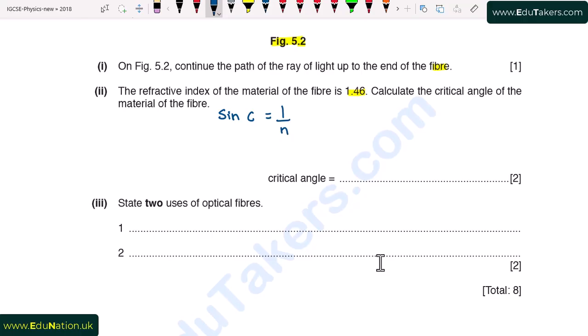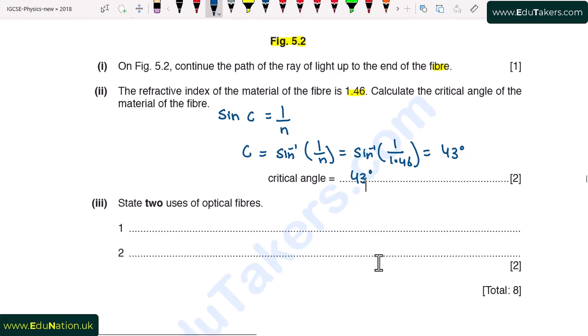So we have to find the value of C. It will be equal to sine inverse of 1 over n. By putting the value of n, it will be 1 over 1.46, so the critical angle comes to be 43 degrees. I write here, critical angle is equal to 43 degrees.